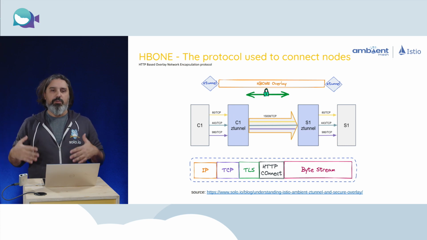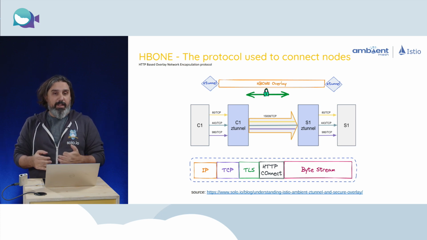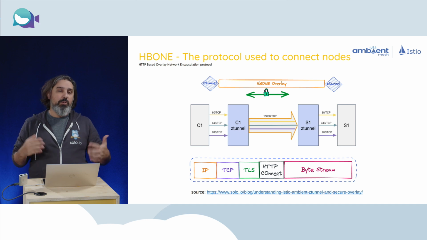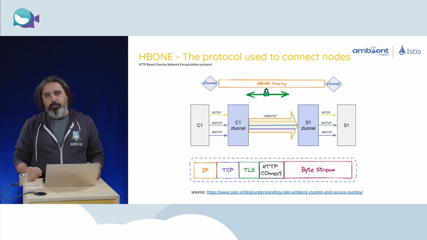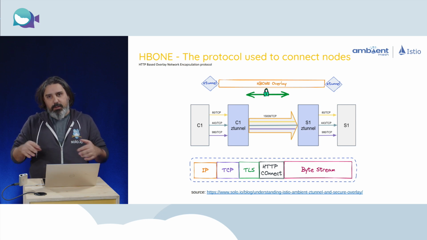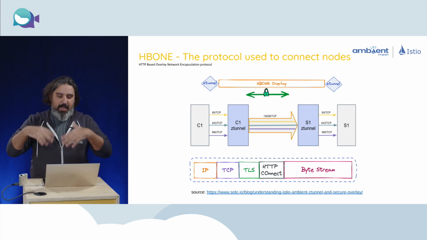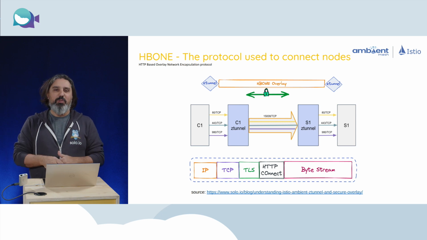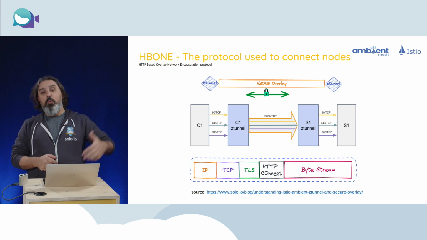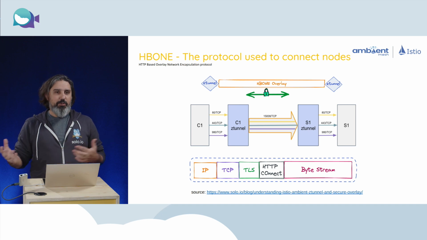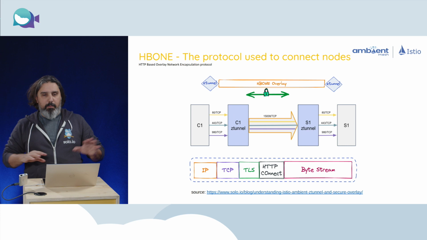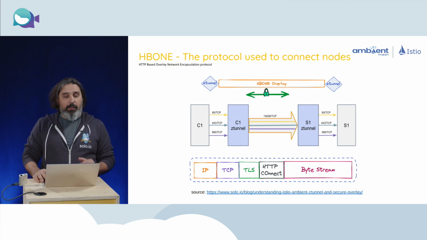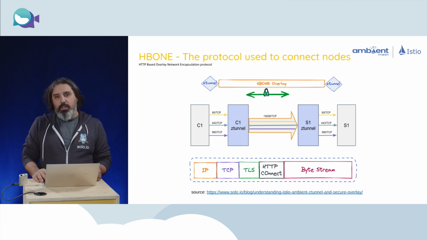That connection is of course secure, and the traffic is multiplexed inside the connection. That means there is no need to waste cycles of computation or network connections by reopening for every new connection that your workloads want to establish. So there's one connection between all the tunnels, and your communication goes through it.